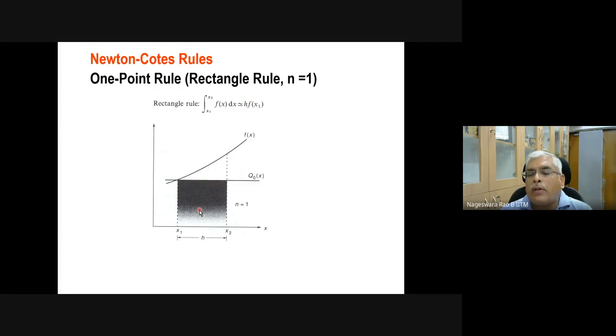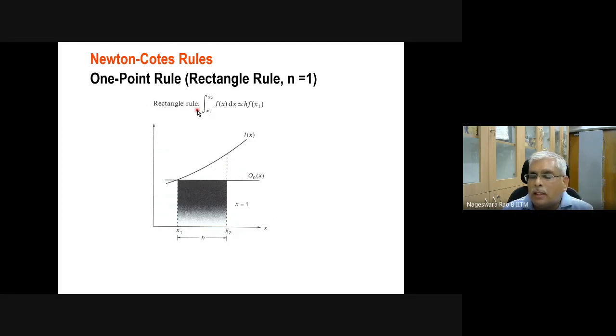So what is the amount of error that you are going to have? The amount of area that you missed is this one. You covered only this rectangular portion, you missed this portion. So that is going to be your error.